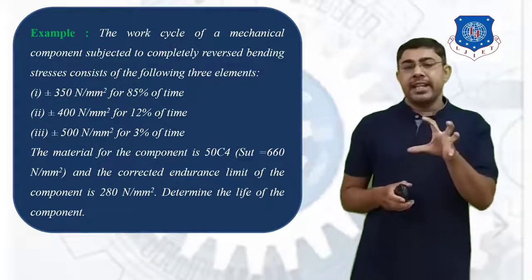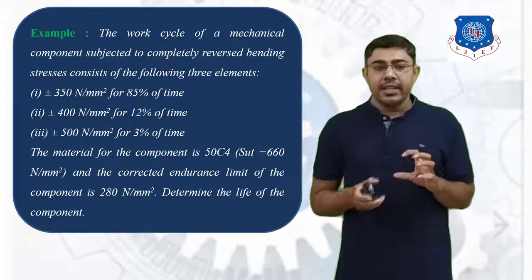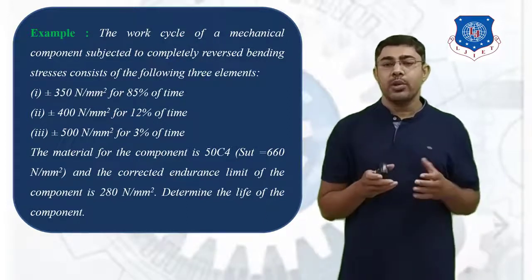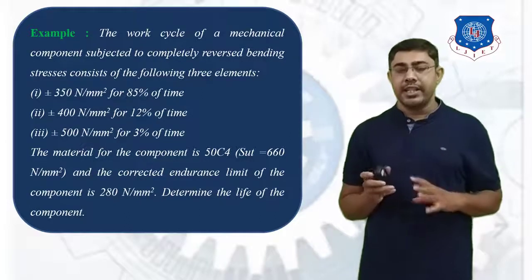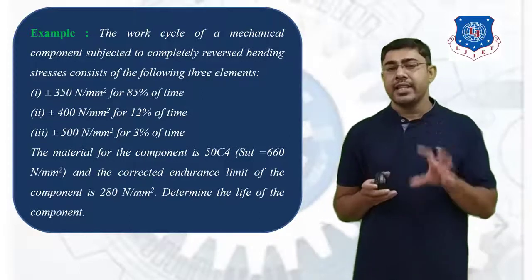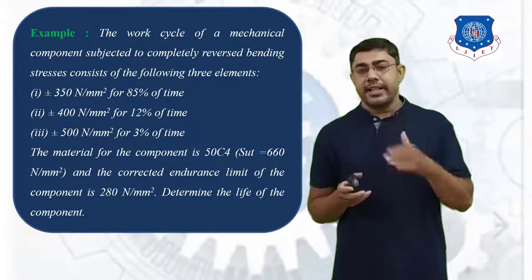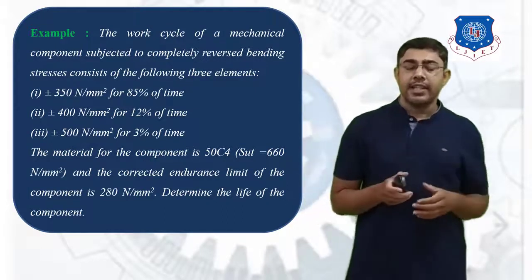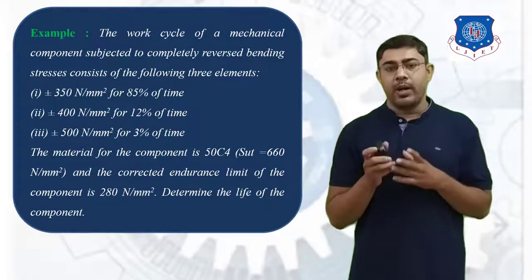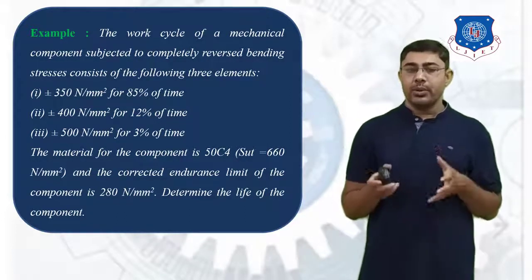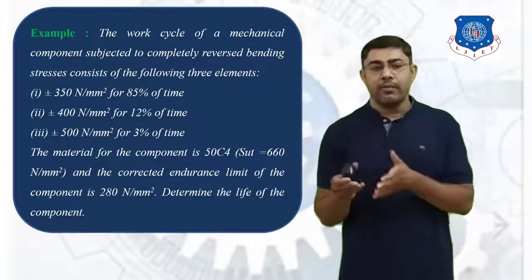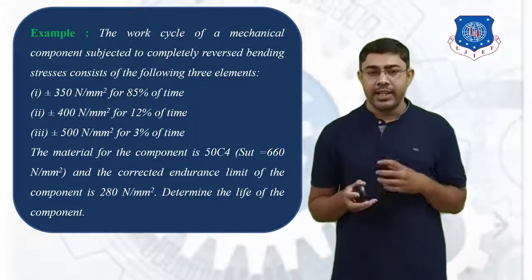So the corrected endurance limit, Se, is given directly, and you don't need to find Ka, Kb, Kc, Kd and Se dash. This is the corrected endurance limit, equal to 280 Newton per mm square. We have to determine the life of the component under this condition.